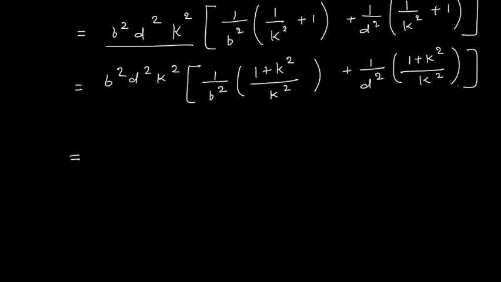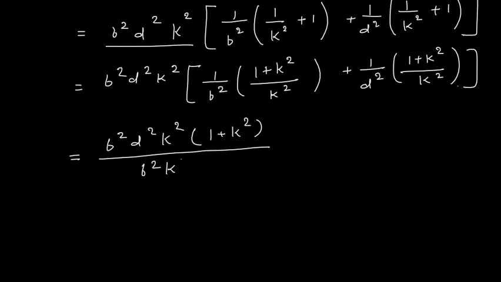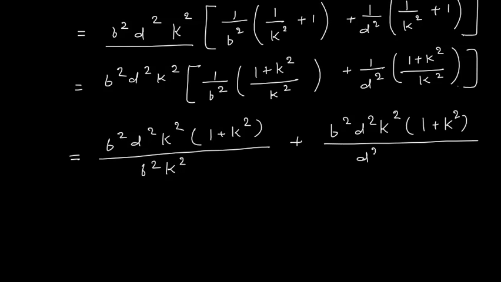So we open the bracket, so this b square d square k square will multiply. It will be b square d square k square, and inside the bracket we have 1 plus k square, and in the denominator we have b square into k square, plus b square d square k square into 1 plus k square, and in the denominator d square into k square.